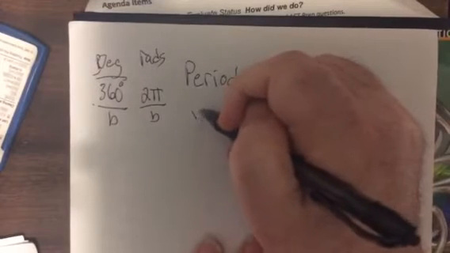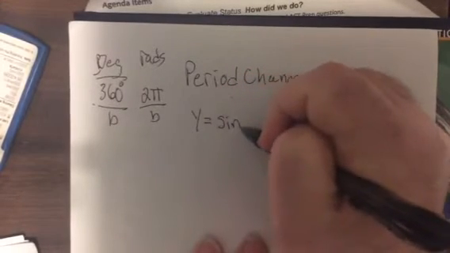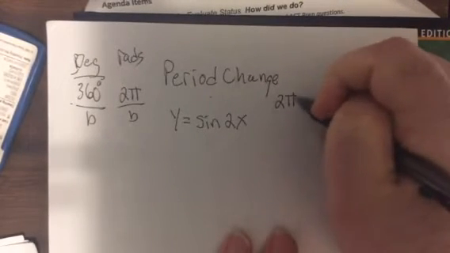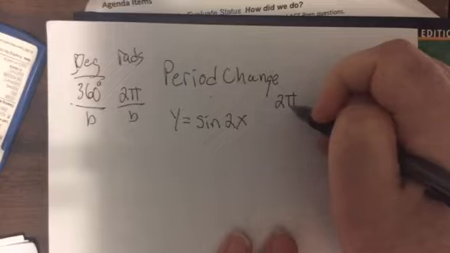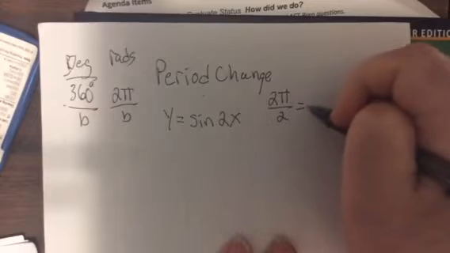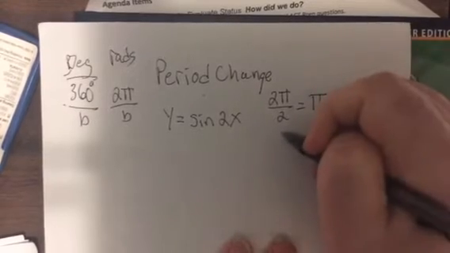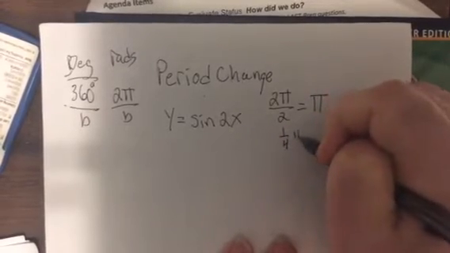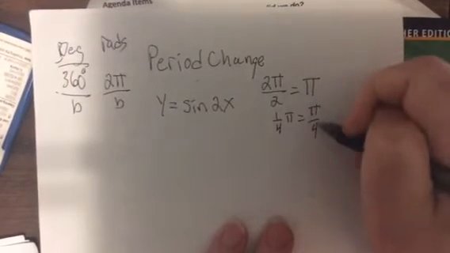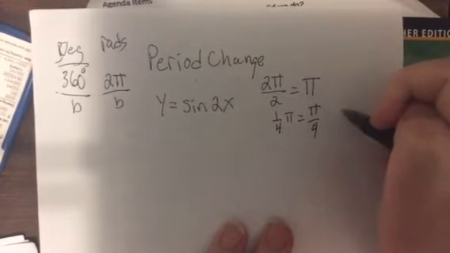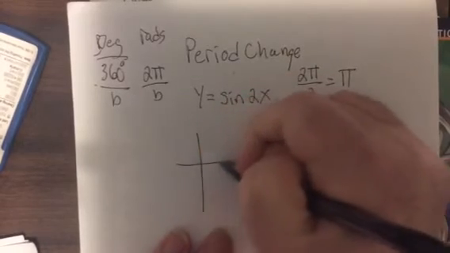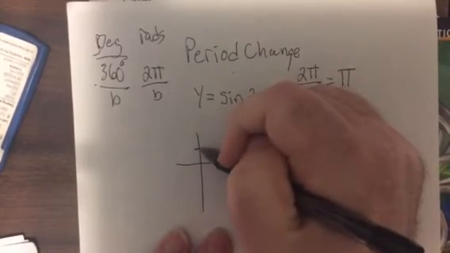So if I said y equals sine 2x, you'd say, okay, normally it takes 2 pi to go the full distance. But it's going to be 2 pi divided by 2, which is pi. And then a fourth of pi is pi over 4. So it'd be pi over 4, 2 pi over 4, 3 pi over 4, 4 pi over 4. Now remember, pi is the same as 180.